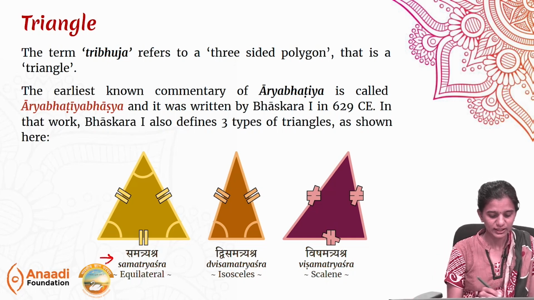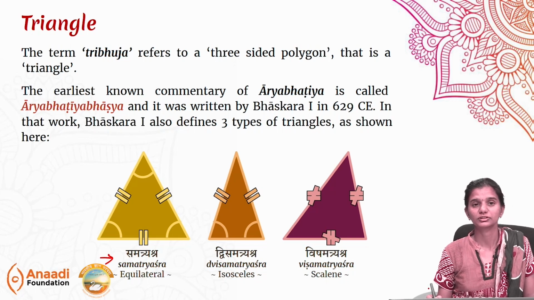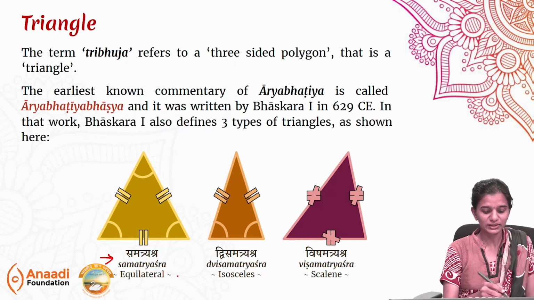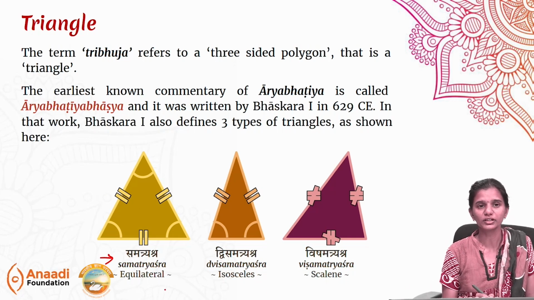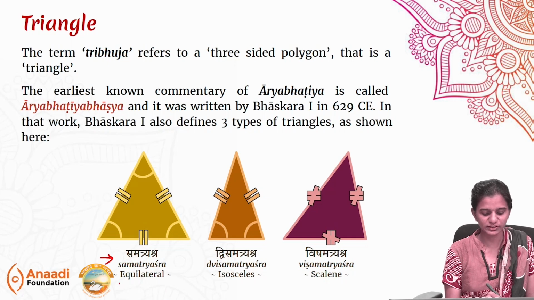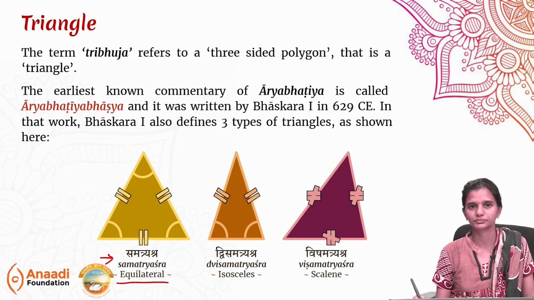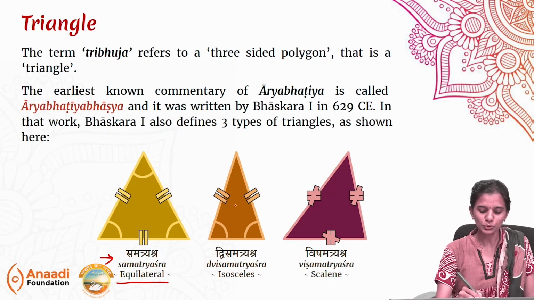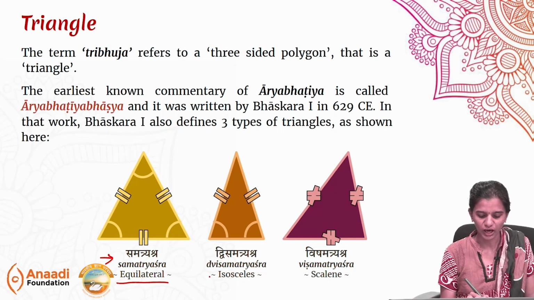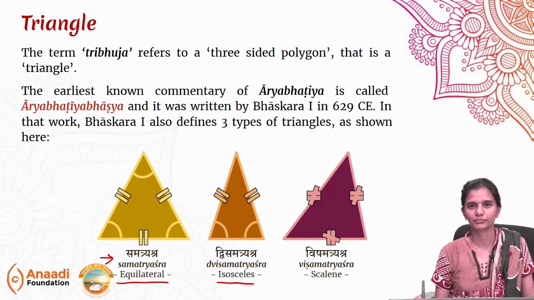This is Samatriashra, which means 3 sides of the triangle are equal. Hence, it is an equilateral triangle. The next is Dvisamatriashra, which means 2 sides of the triangle are equal. Hence, it is an isosceles triangle.